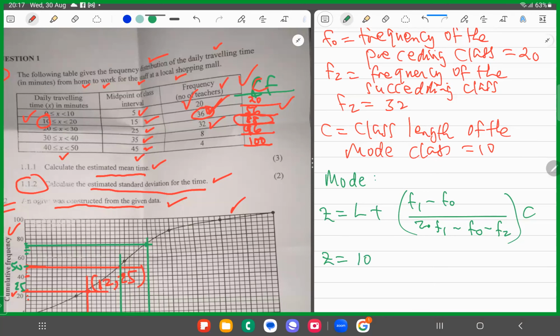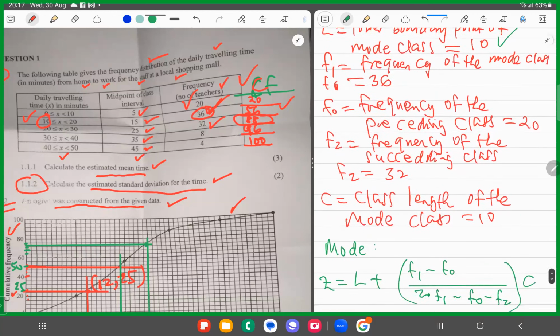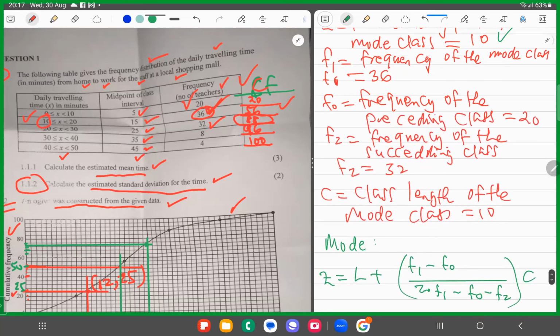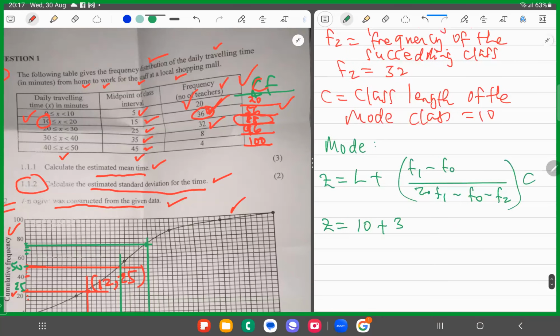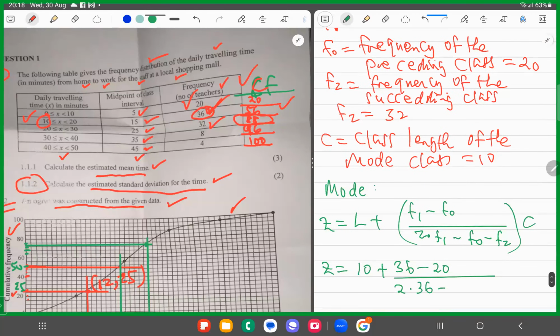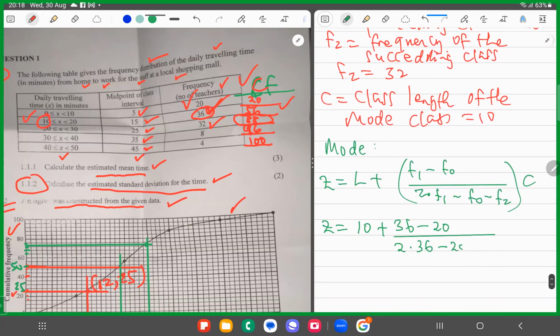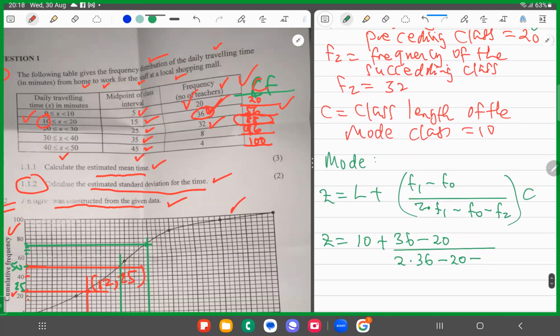So we saw that L is 10 here, plus F1 is 36, minus F naught is 20, over 2 times F1, which is 36, minus F naught, which is 20, minus F2, which is 32.